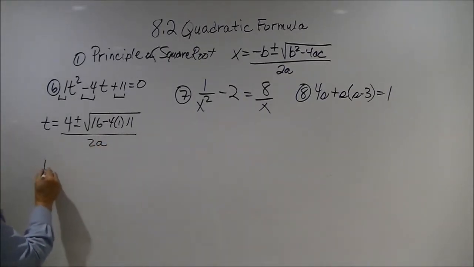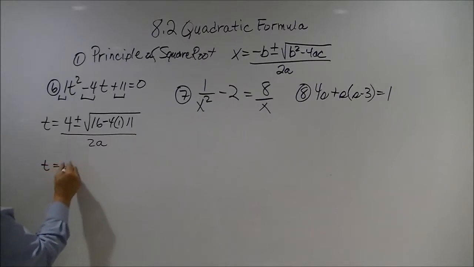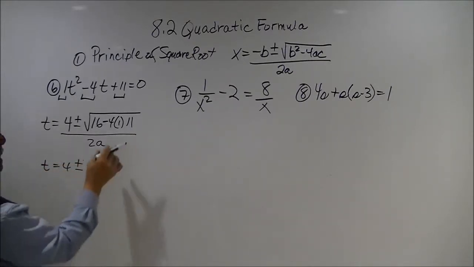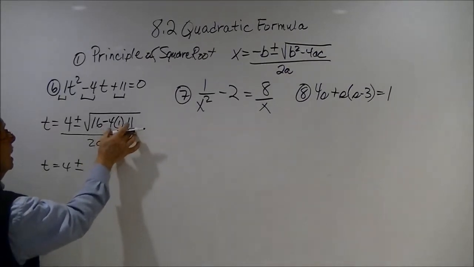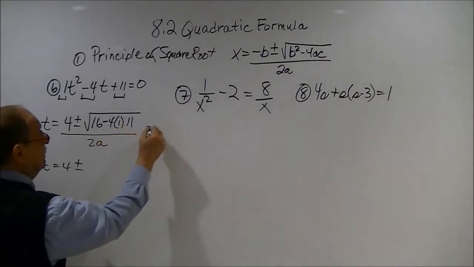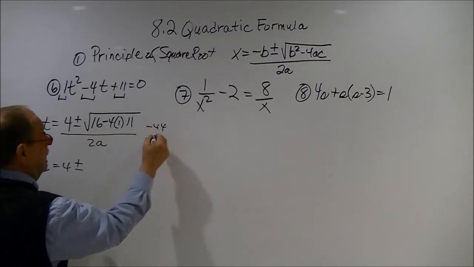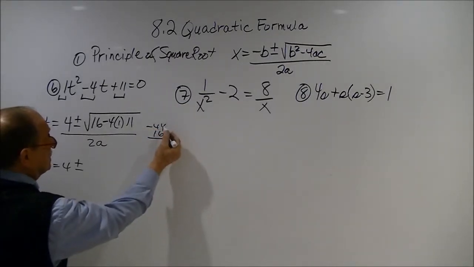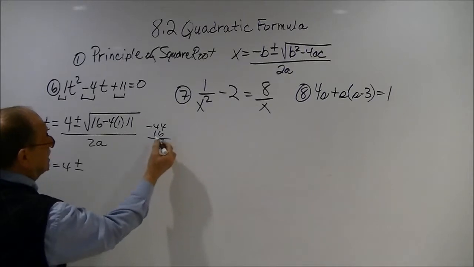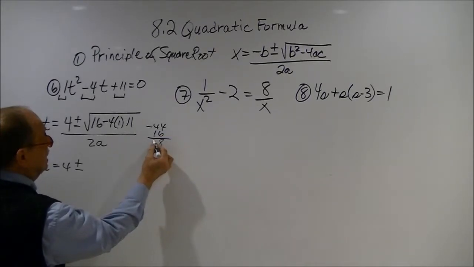So, once again, 4 plus or minus. Now, this becomes a 44, a negative 44, and a 16. So this is going to be 8, and this is going to be 2.